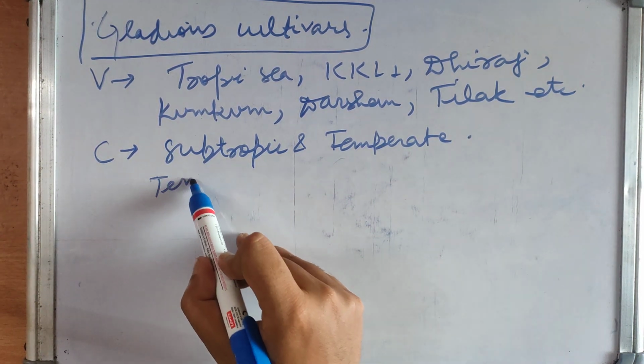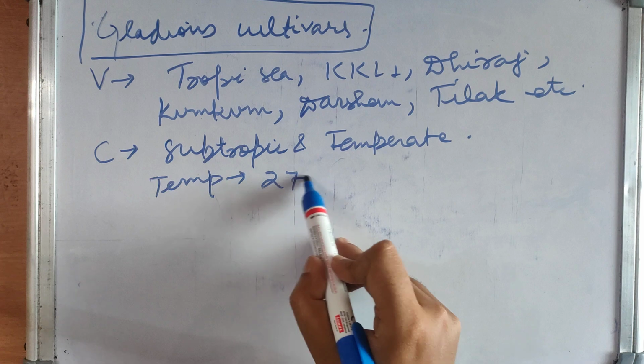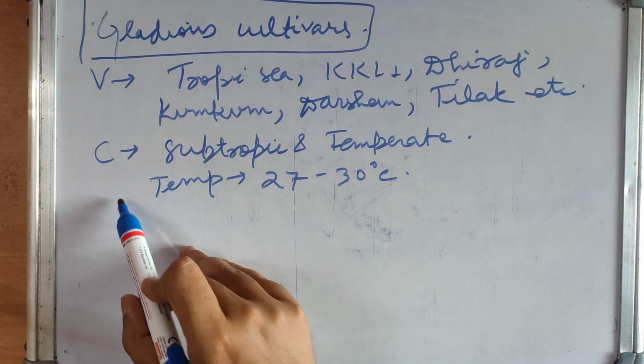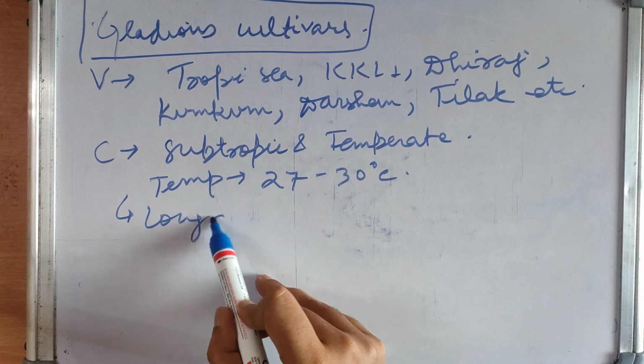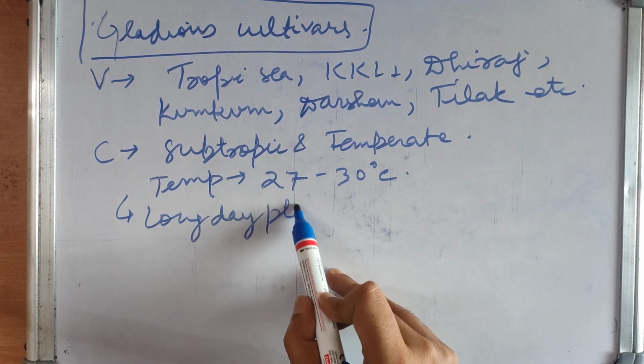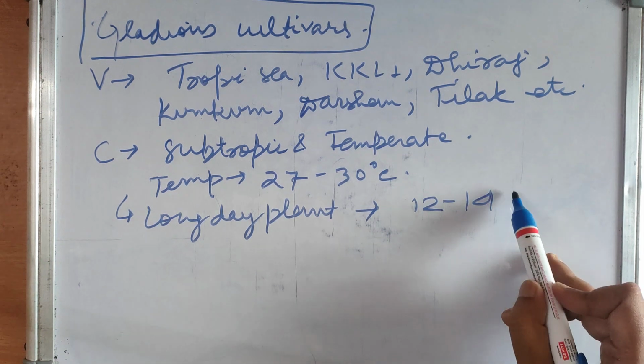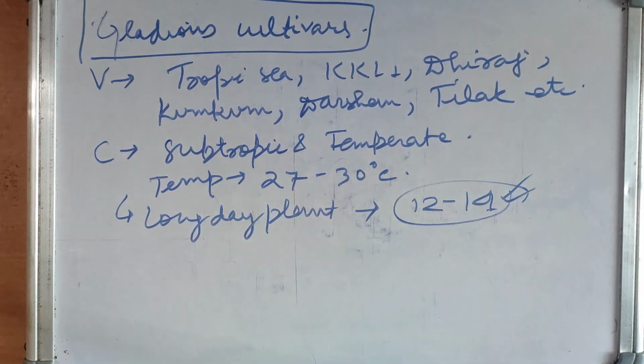Temperature should be around 27 to 30 degrees Celsius. It is a long day plant, that is, it will require sunlight for around 12 to 14 hours of photoperiod.